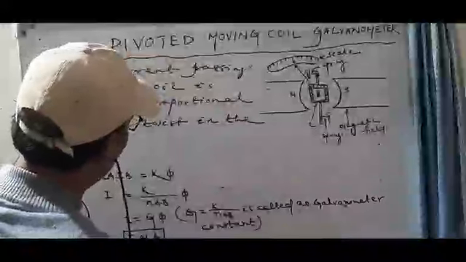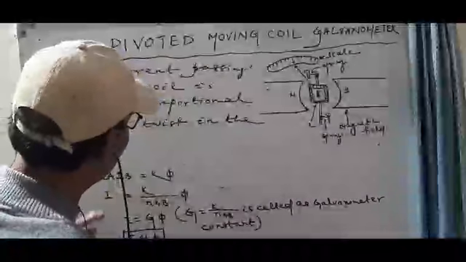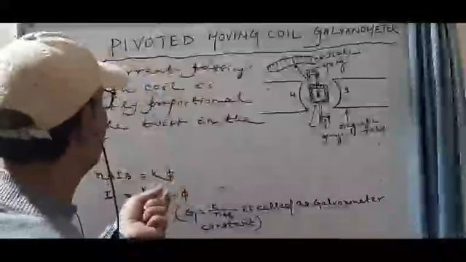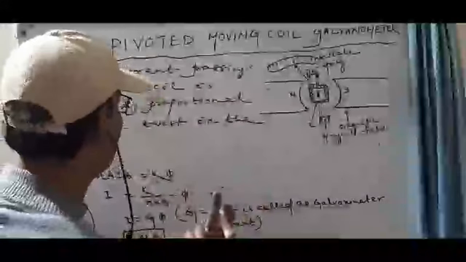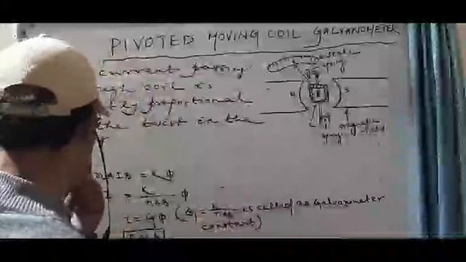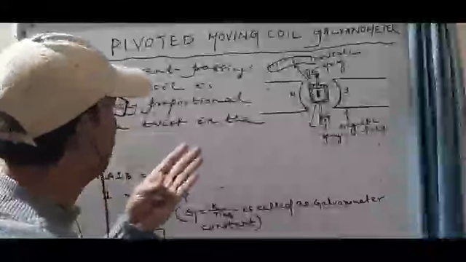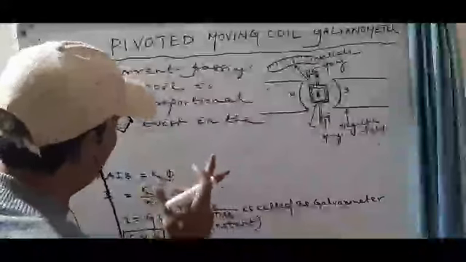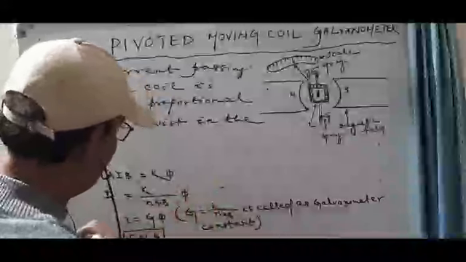Okay, it means when the current increases, the twisting in the spring also increases. And when the current decreases in the coil, then the twisting in the spring decreases.